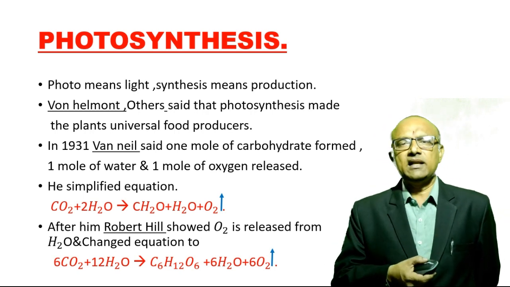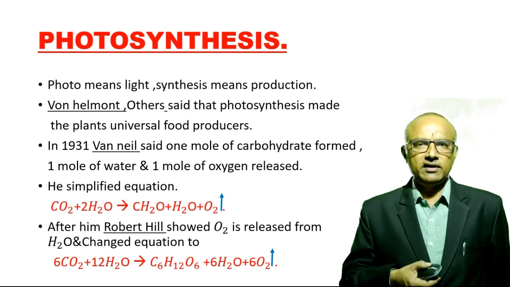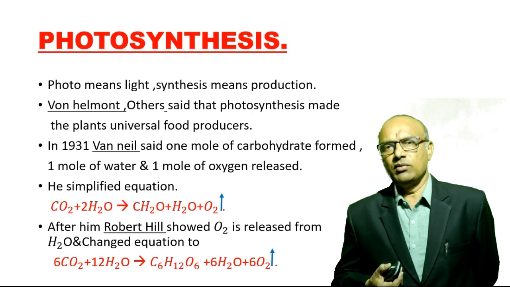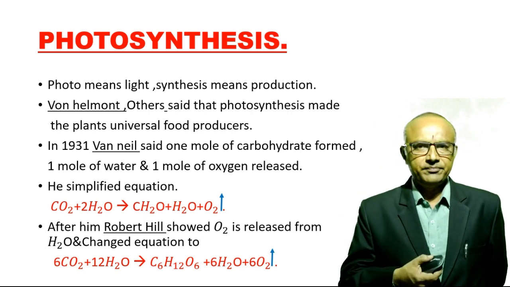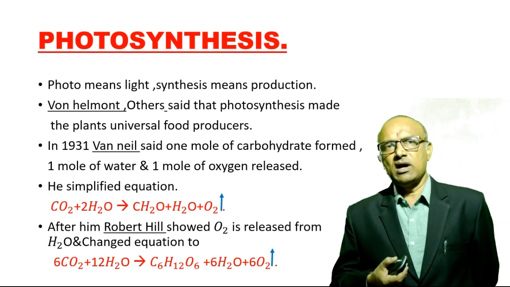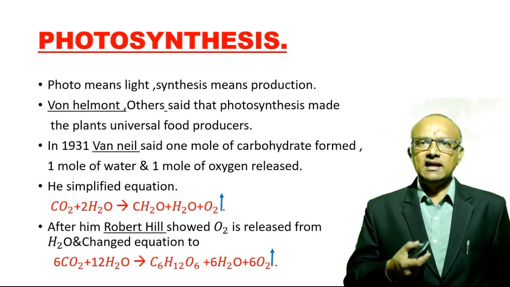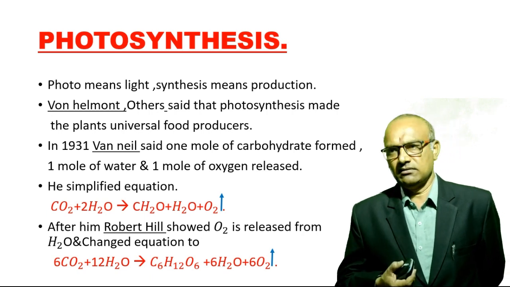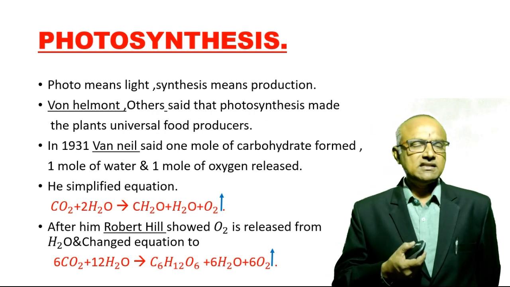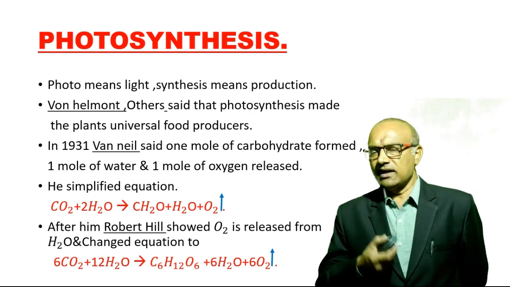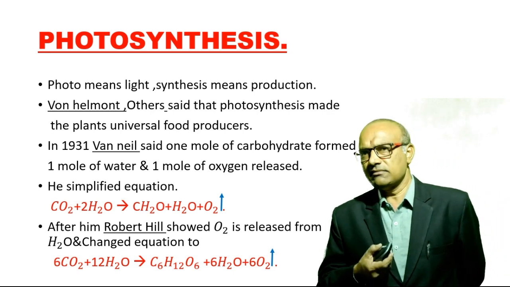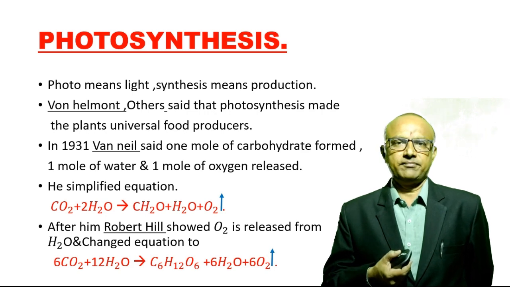When these four items are combined together in his laboratory, the products formed are one glucose molecule, 6 molecules of water, as well as 6 molecules of oxygen, but the oxygen escapes into the atmosphere. This complete equation, first proposed by Robert Hill, was popularly called the Hill reaction.